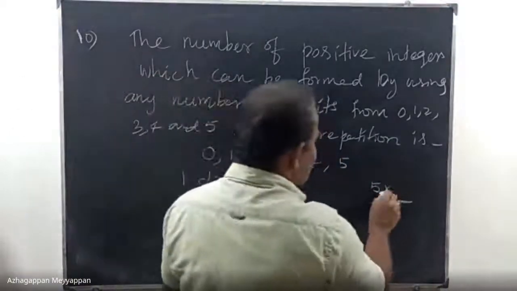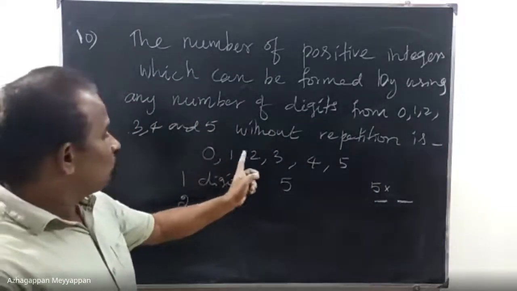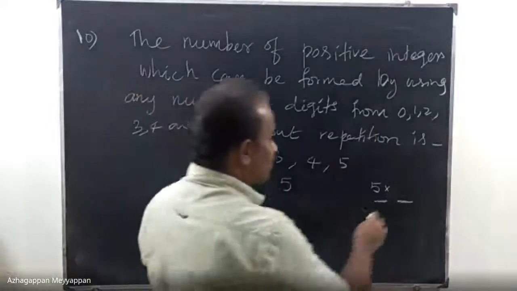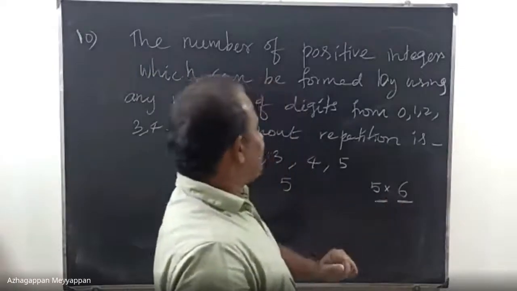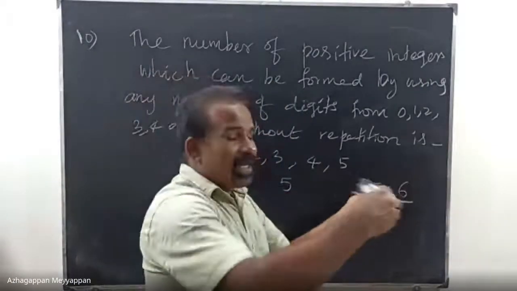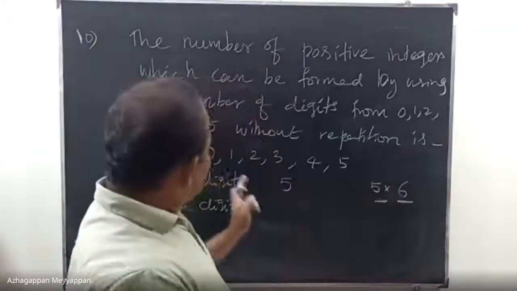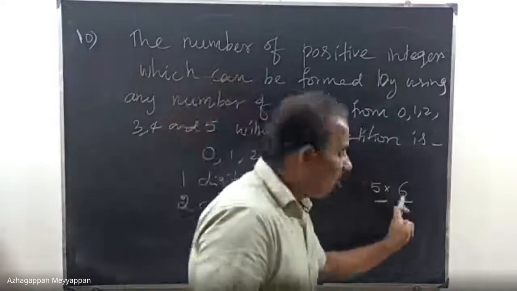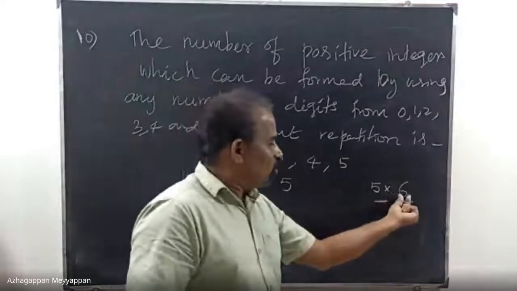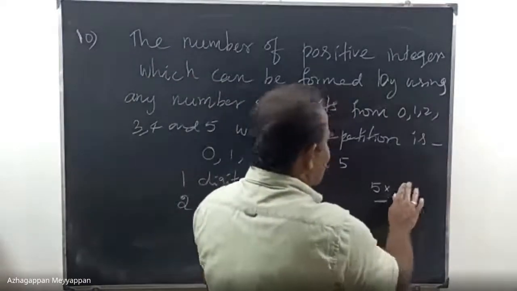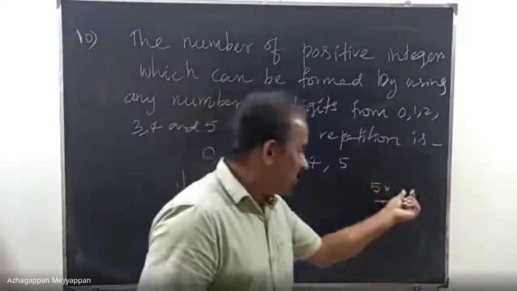Next digit, how many possibilities? 0 may come, 2, 3, 4, 5, so 6 possibilities. With repetition you would take 6, because if 1 is here, 1 may also come again.